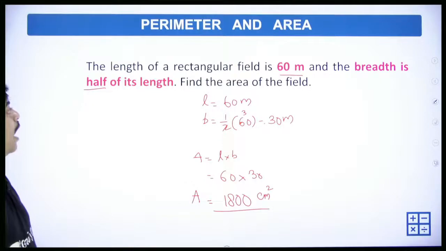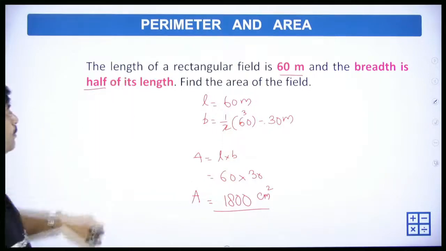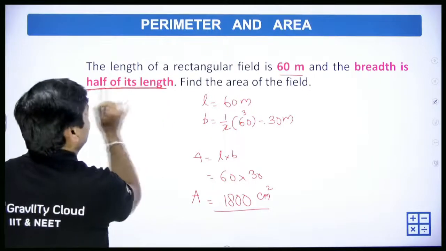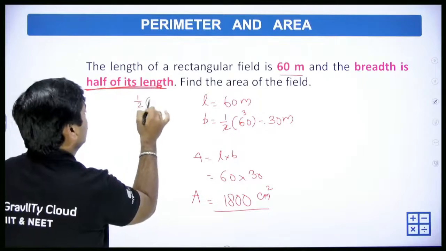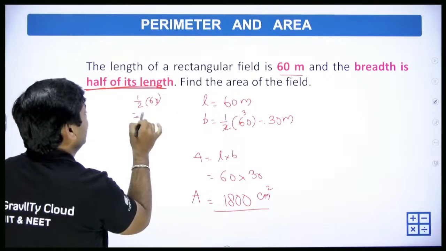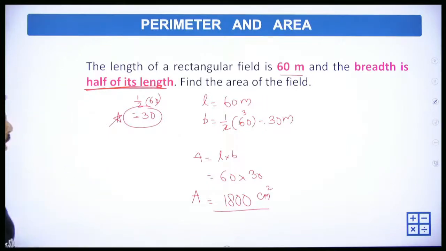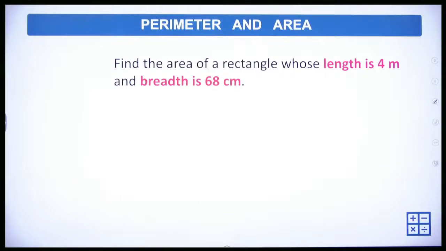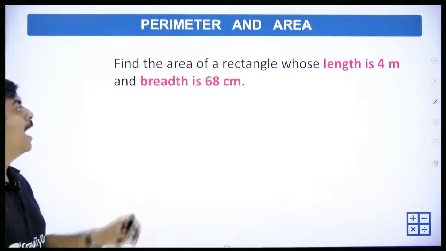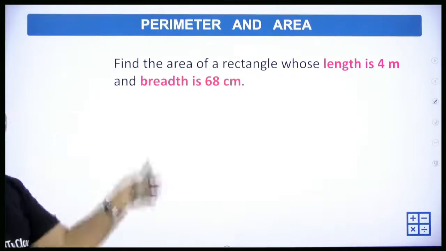Okay. Half of its length, you need to understand this statement. Half of its length, that is half of 60. Half of 60 is 30 meters. So if this is clear, you can solve the remaining questions. Okay, the next one. Find the area of a rectangle whose length is 4 meters and breadth is 68 centimeters.